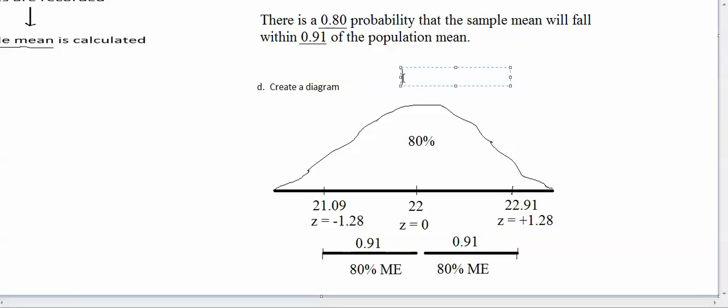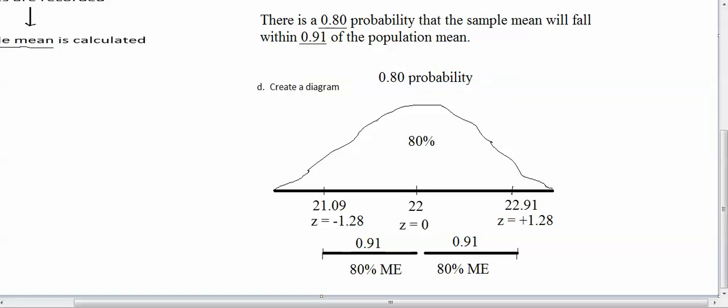So up here, let's put 0.80 probability and draw an arrow just to label that the sample mean has a 0.80 probability of falling somewhere in this area between these two boundary points.